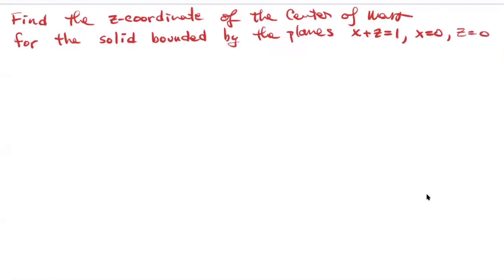So that's 3 planes and the parabolic cylinder, z equals 1 minus y squared.